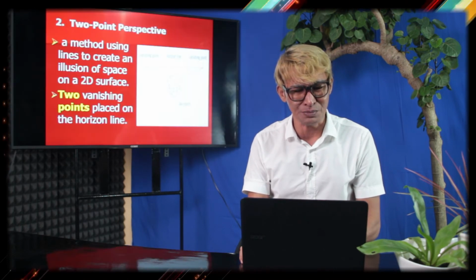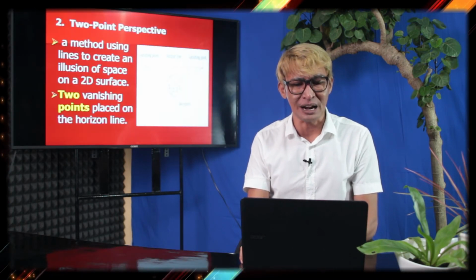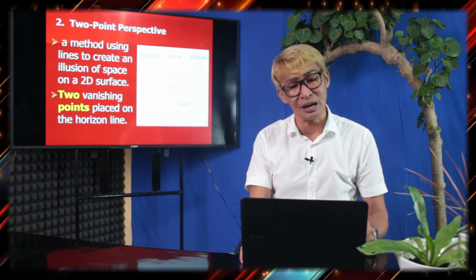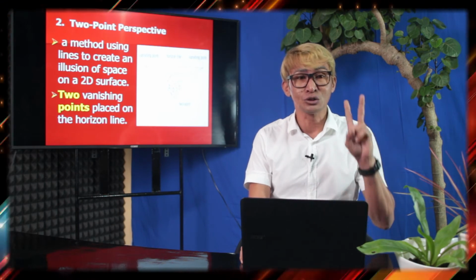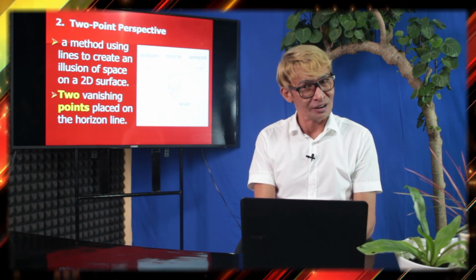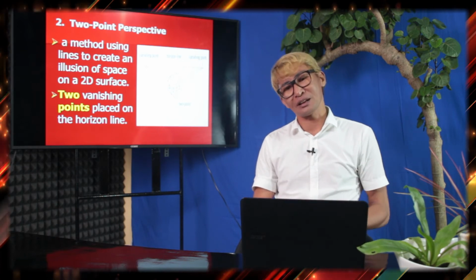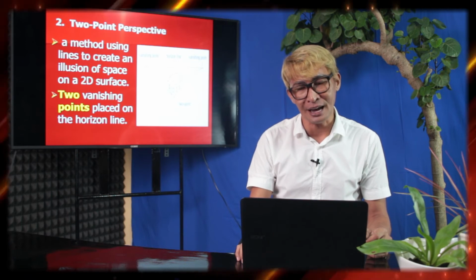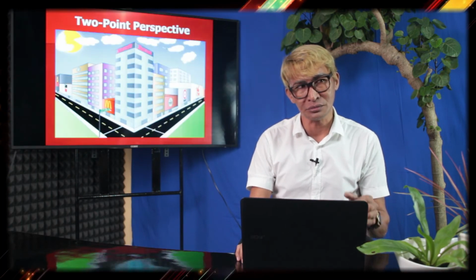What is this 2-point perspective? A method using lines to create an illusion of space on a 2-dimensional surface, with 2 vanishing points placed on the horizon line. Okay. The best example for this one, class, is the roads with a right angle.